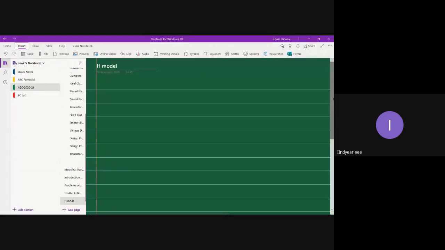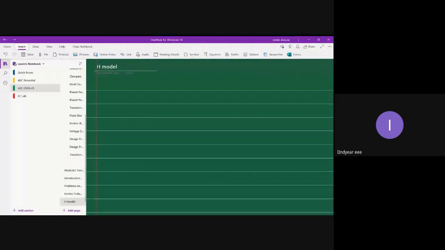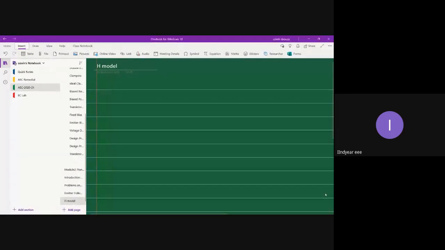Yeah, fine. So far we discussed the RE model and the analysis of various AC amplifier circuits using the RE model, right? So today let us look at the second model, which is called the H model.